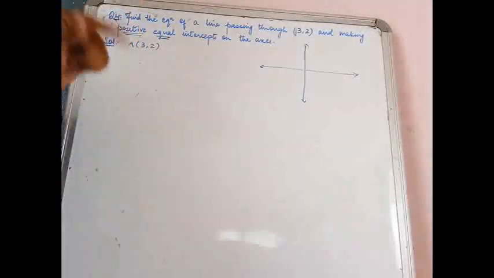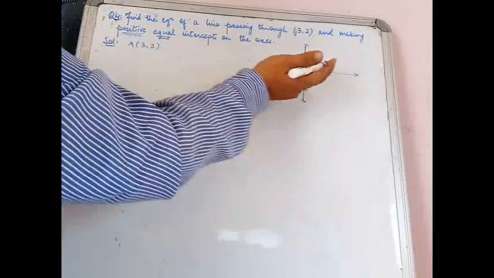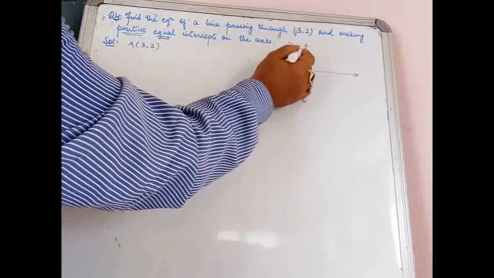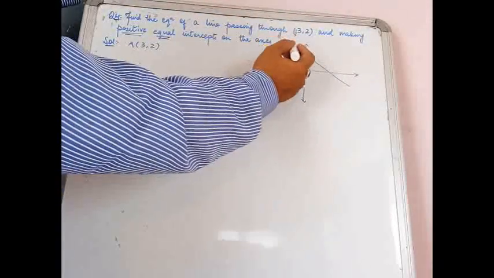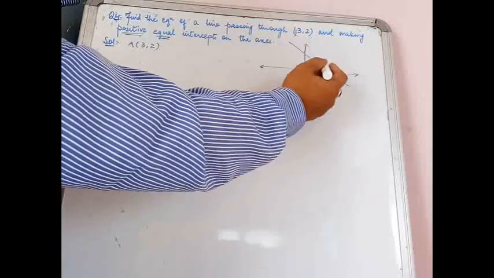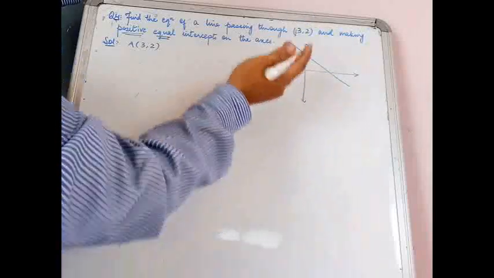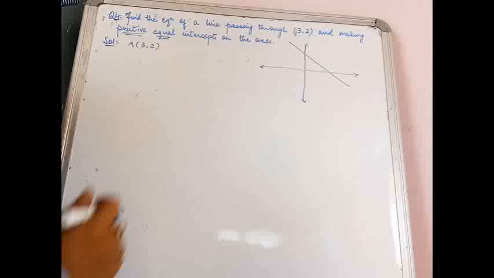That means on the x-axis the line is cutting on the right side and on the y-axis the line is cutting above. So I can draw something like this. This is a line that is cutting the x-axis on the positive side and the y-axis on the upward side, which is the positive side.